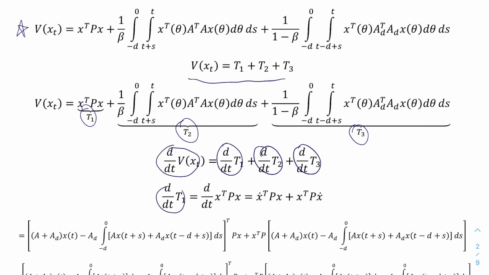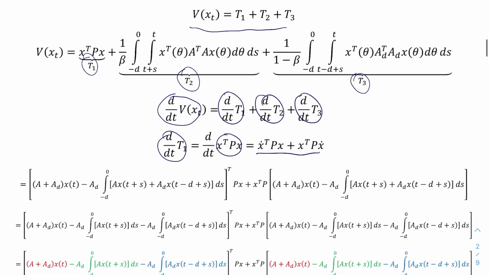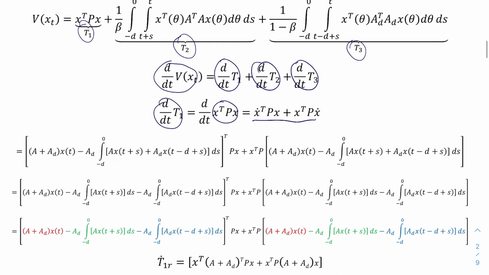Let us focus on the first expression here, and this is something that we are familiar with, at least. However, the x dot expression is not that simple, so we just substituted the x dot expression, and this is it.